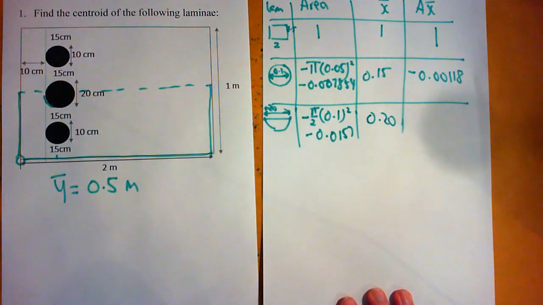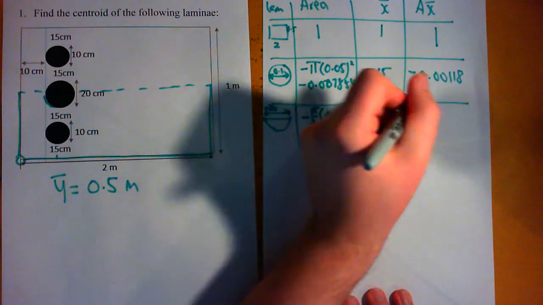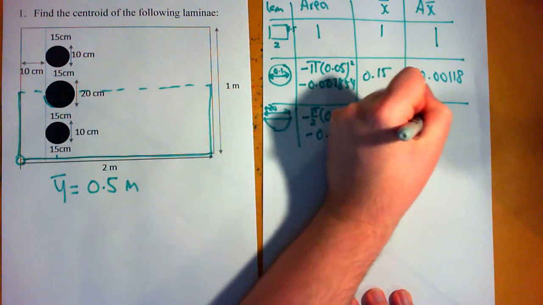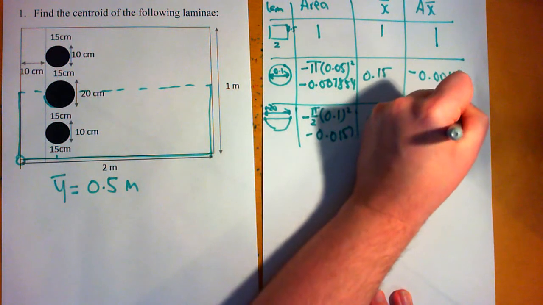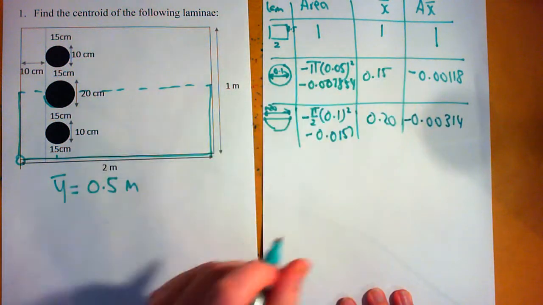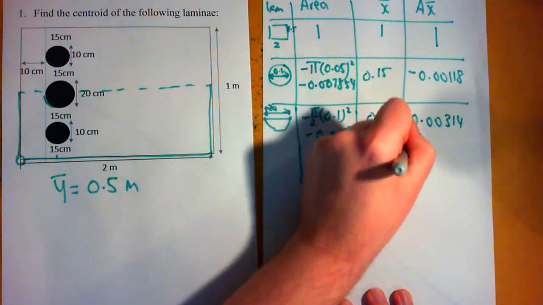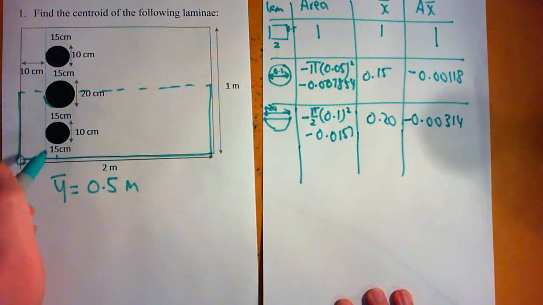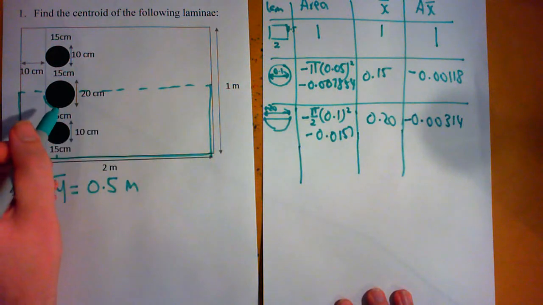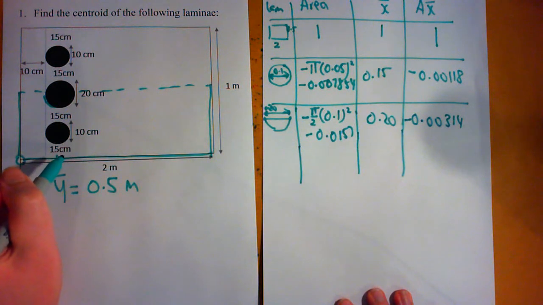And if we work out 0.0157 times 0.2, we get 0.00314, and that is negative. Okay, so that's all we had to do as far as parts of the shape that are in the bottom half.